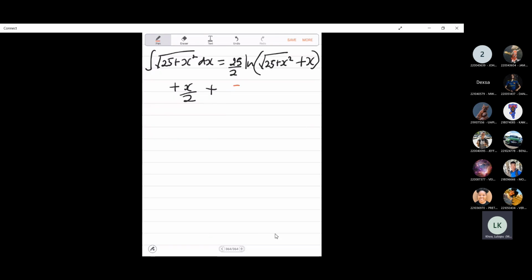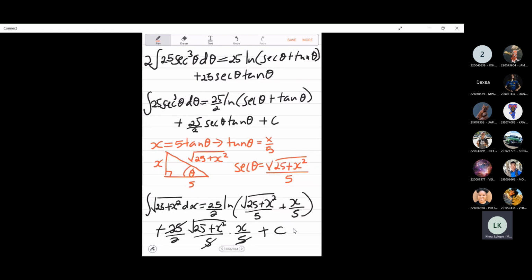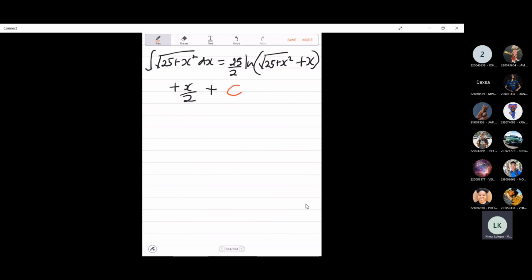I will put this one in red. It's still a constant, but it's a different constant from this one, because you can see that here there was a 5 in the denominator, but over here there is no 5 in the denominator, because I split the logarithm so that that constant is added to the constant that was already outside.